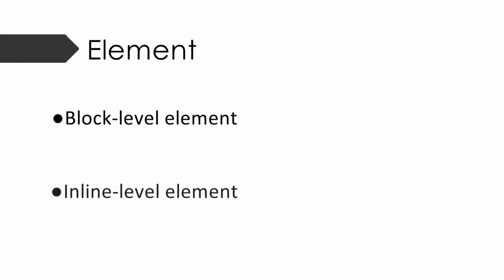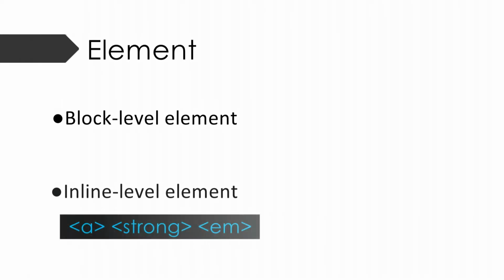Inline level elements generate an element box within a line of text and do not break up the flow of that line. One good example of an inline element is the anchor, or the A element.